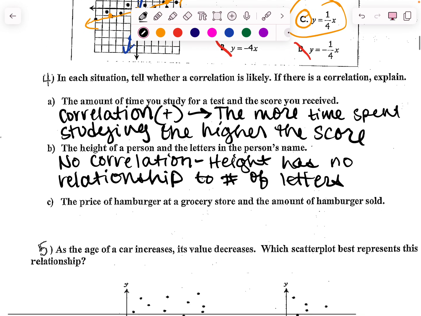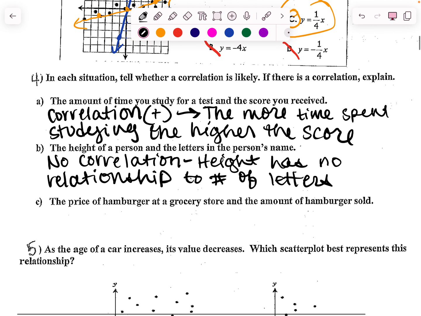That's just silly. All right, so see, the price of a hamburger at a grocery store and the amount of hamburgers sold. What's the correlation? You don't have to put necessarily positive or negative because it's going to depend, right? So the correlation, we'll say here, what are we going to say in general?